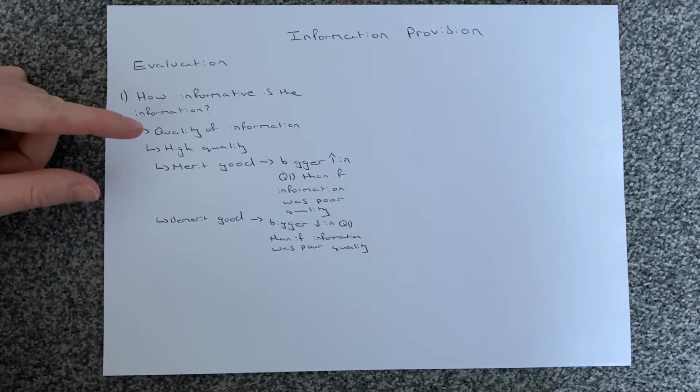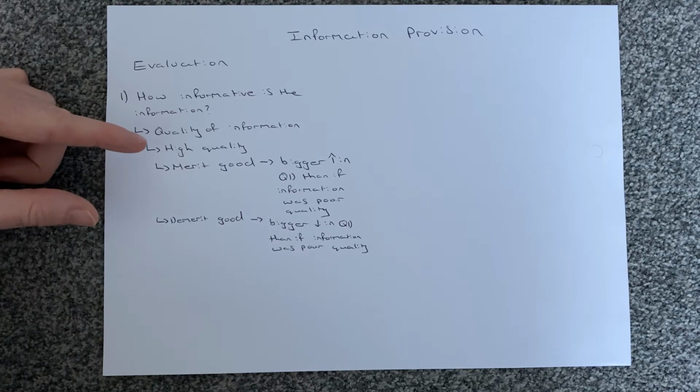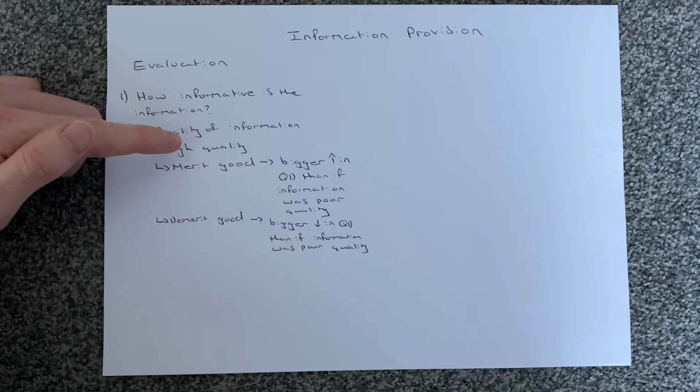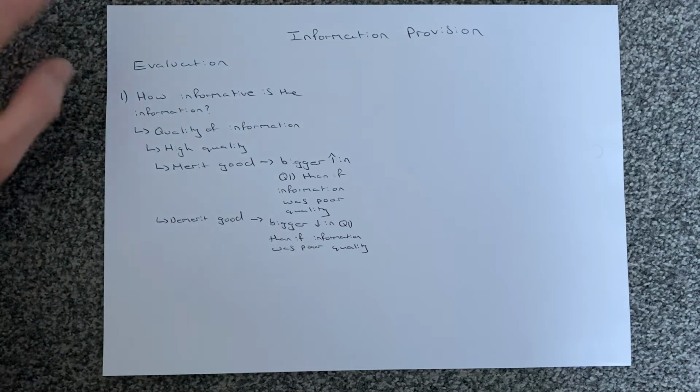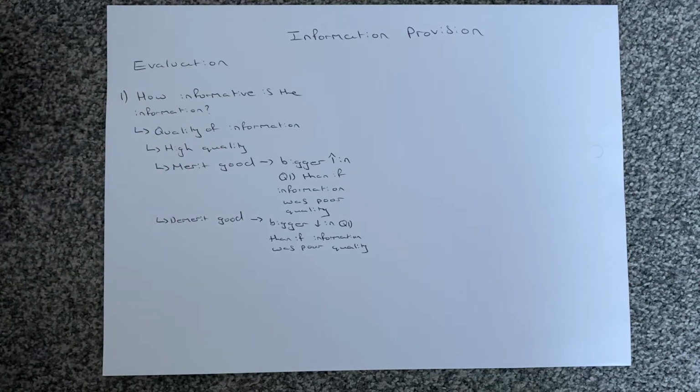Obviously you could have swapped this around with regards to poor quality information with regards to a merit good. If it was poor quality information, there'd be only a small increase in quantity demanded, whereas if it was poor quality with regards to a demerit good, you'd only see a small decrease in quantity demanded.